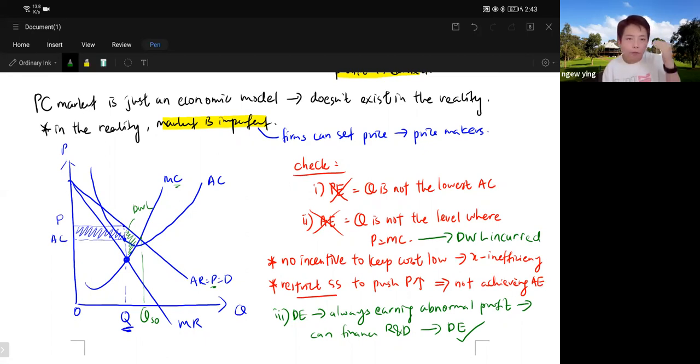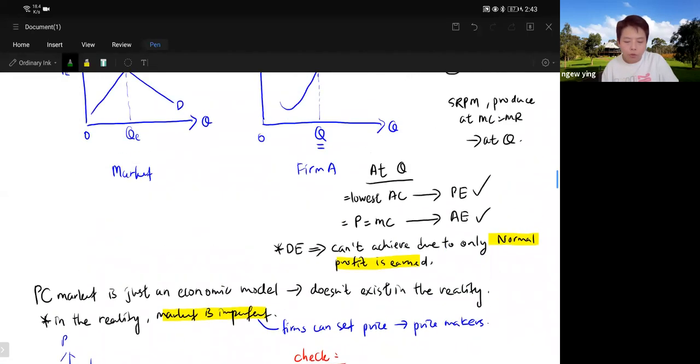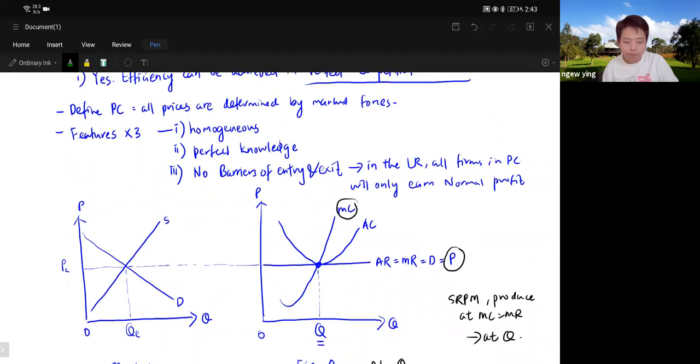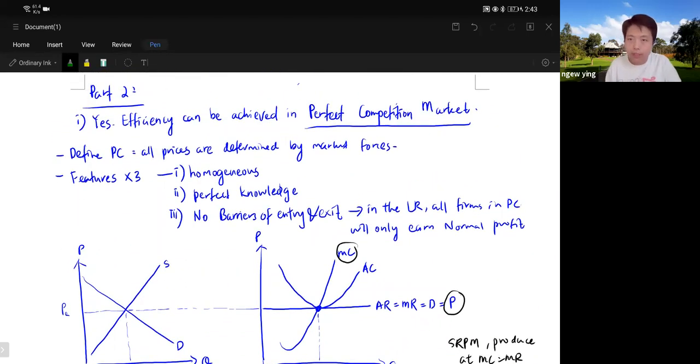So that's the first part and the second part of the 25 marks efficiency essay. So for part 2, as a short summary, we mentioned that efficiency can be achieved in a very ideal condition, which is when the market is perfectly competitive, with this list of characteristics.